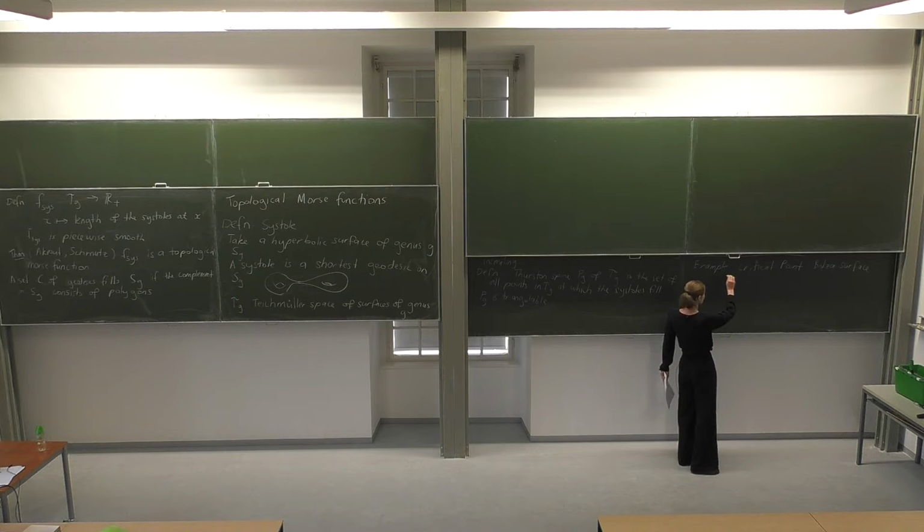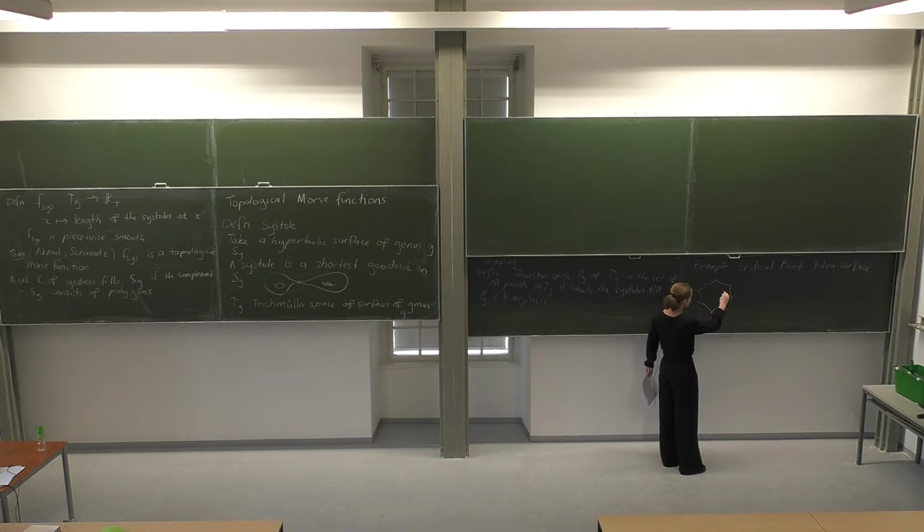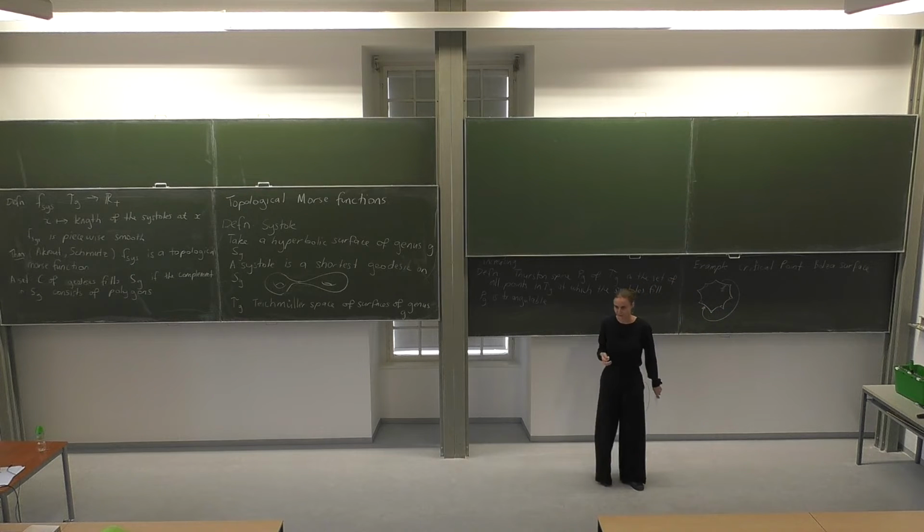So this is a surface. Its fundamental domain is an octagon. The corners all have angle π/4, and opposite edges are identified.